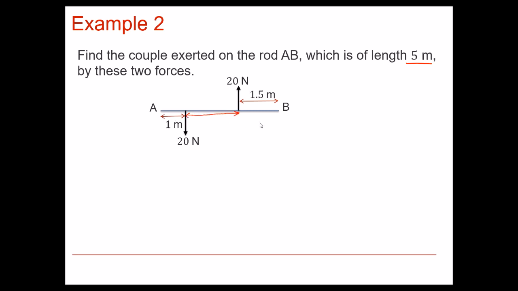Now if the total distance of the rod is 5 meters, if we subtract the 1.5 meters there and the 1 meter there, that leaves us with 2.5 meters. So the separation of those two forces is 2.5 meters, and therefore the couple exerted on that rod is the force, which is 20 newtons, multiplied by that separation of 2.5 meters, and so that gives us a value of 50 Newton meters.